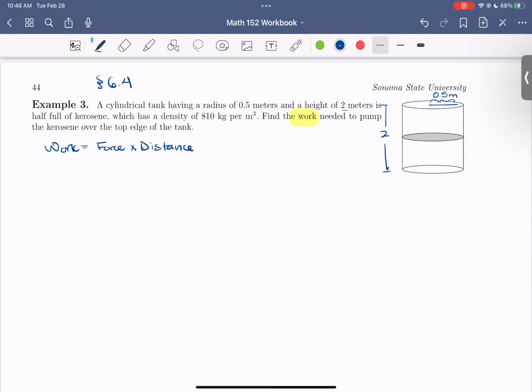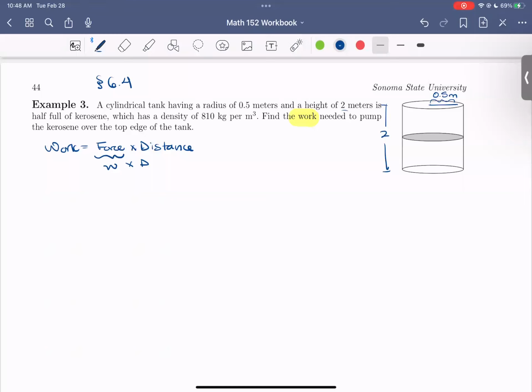In our problems, when we're assuming we're on the surface of Earth, the force we use is the force due to gravity on a mass, which for us will be weight. So we need weight times distance.